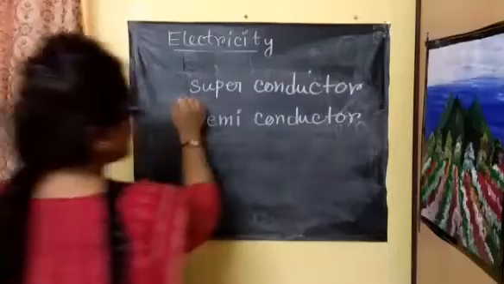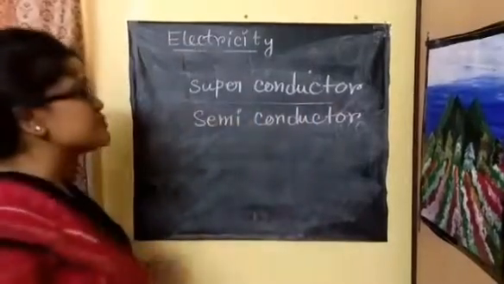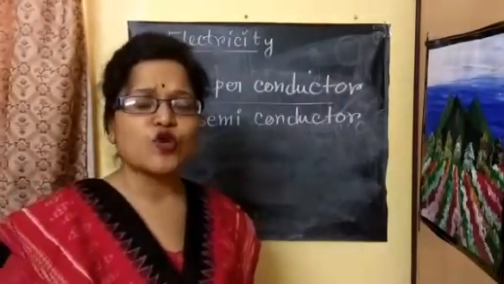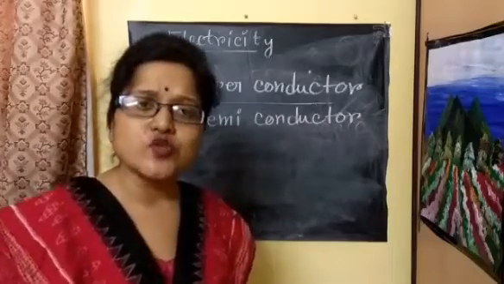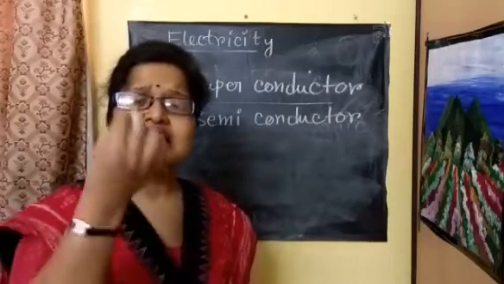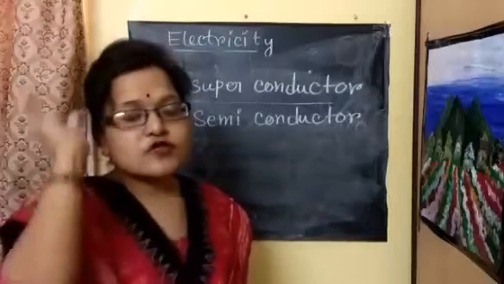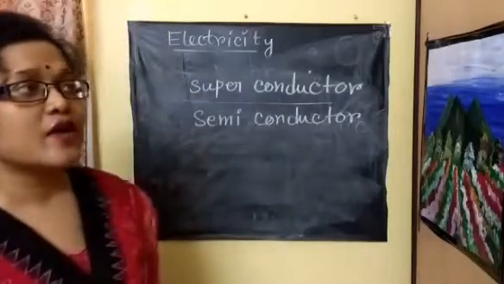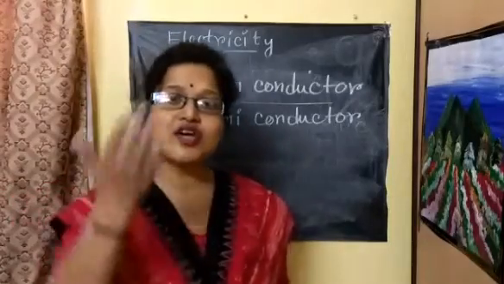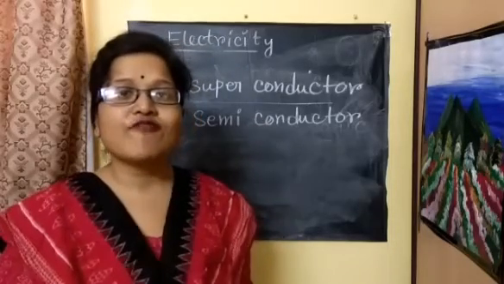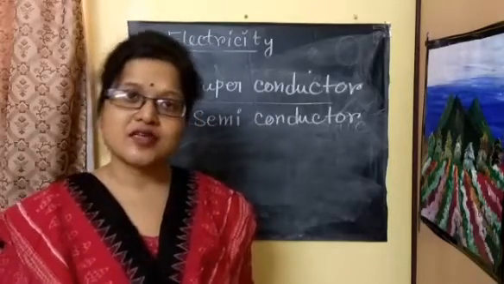Now, what is a superconductor? As the name suggests, it is in a highly conductive mode. Highly conductive mode means there is the least resistance or nearly zero resistance. There are a few substances in the environment which, if I increase or decrease their temperature, will offer zero resistance. Clear?